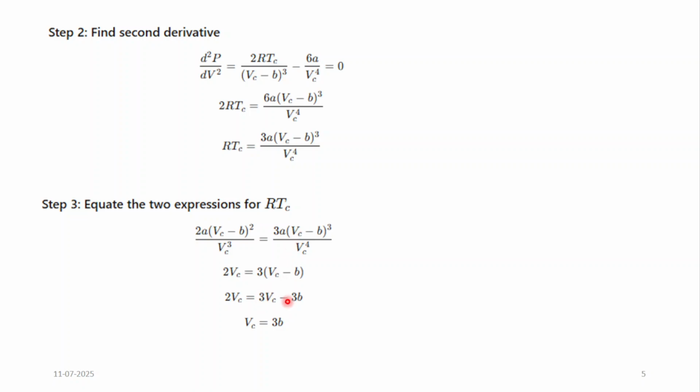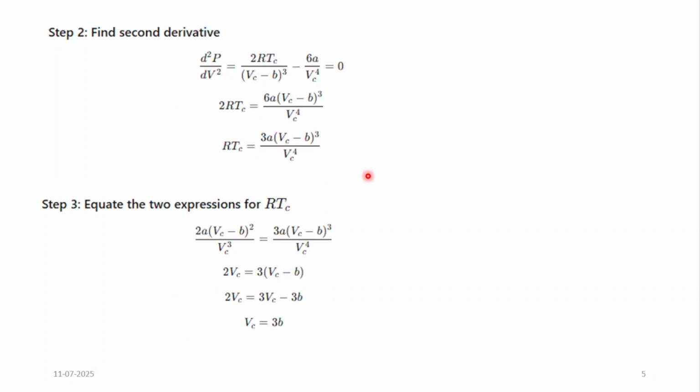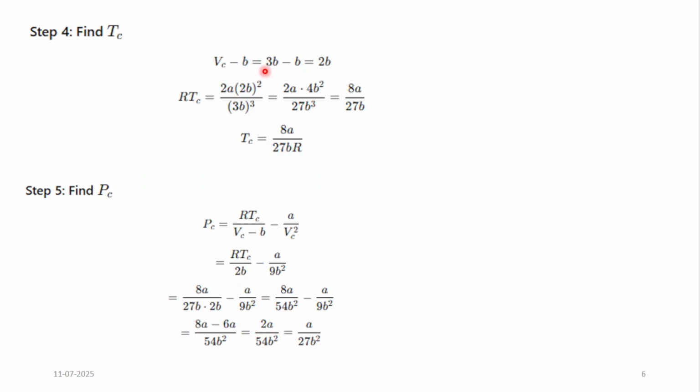These are simple mathematical calculations. You can find Vc, that is the critical volume, which is equal to 3 times b, the van der Waals constant b. Now to find Tc, Vc is equal to 3b. Just rearrange this: Vc − b = 3b − b = 2b.